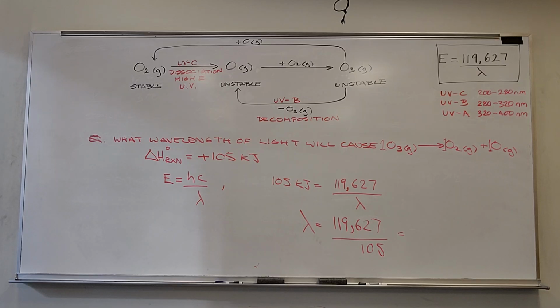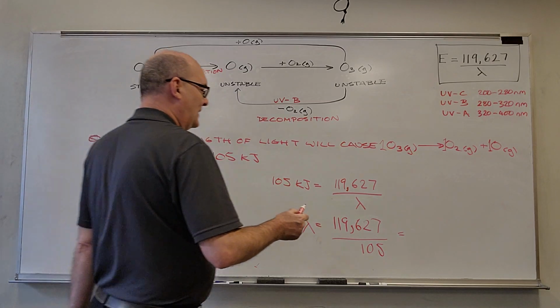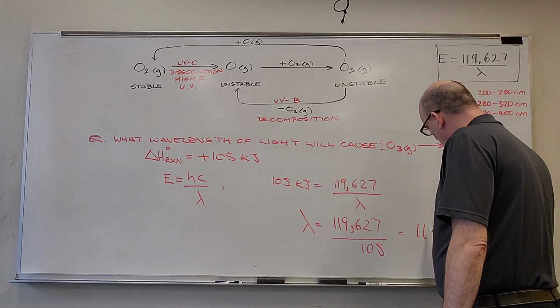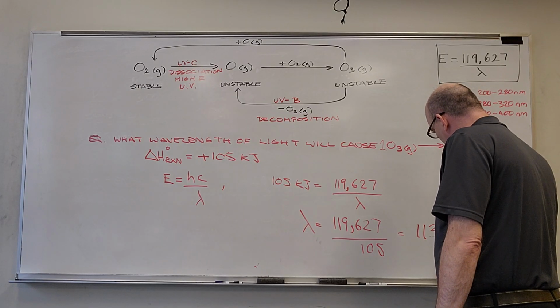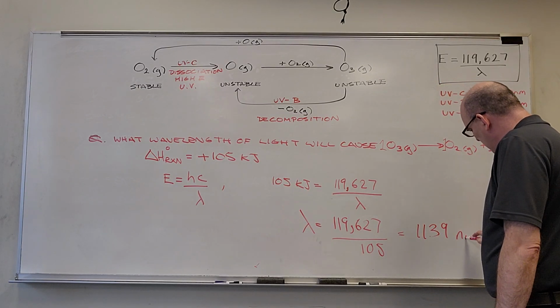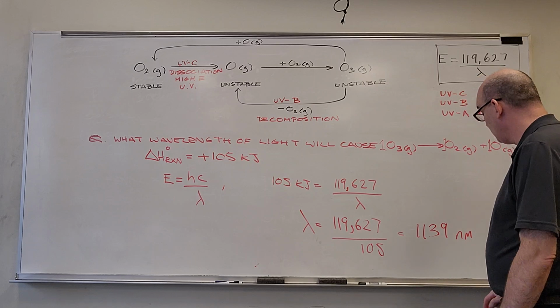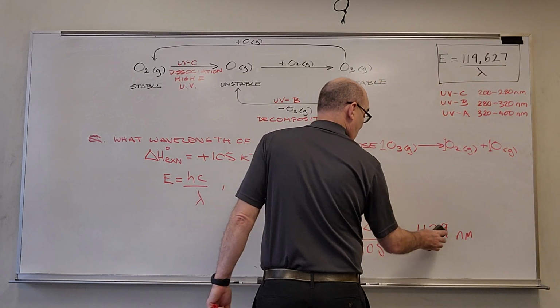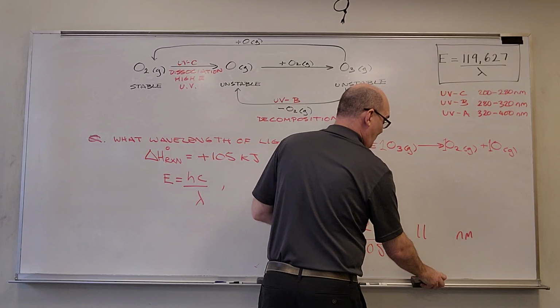Decomposition of ozone is plus 105 kilojoules per mole. Okay, all right. And the answer comes out to be 1139.3 nanometers. We're only allowed 3 significant figures, so 1140.